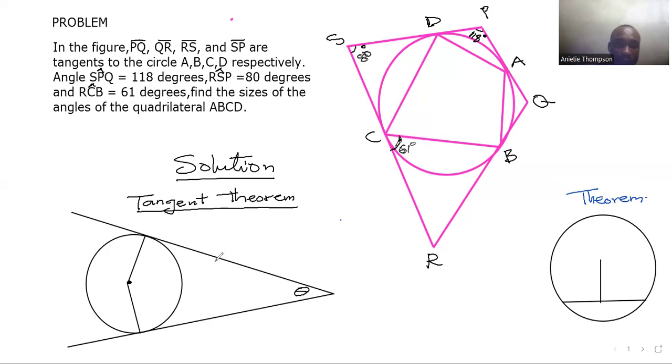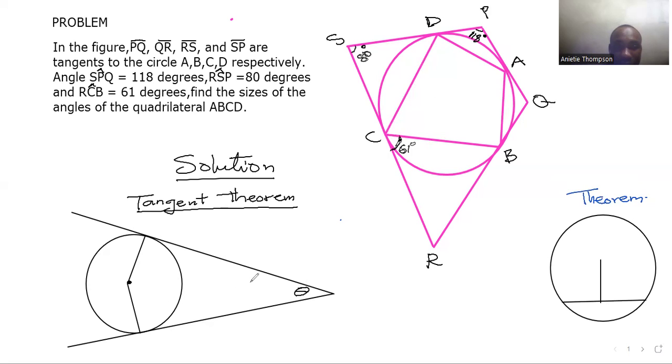So this tangent theorem says, let's take a look at this theorem here and let's analyze it before we start to apply it to the problem we have here. You might have seen a question like this some days ago or in your textbook.